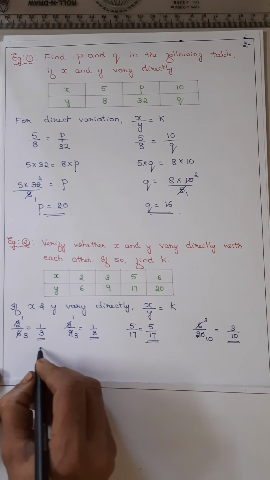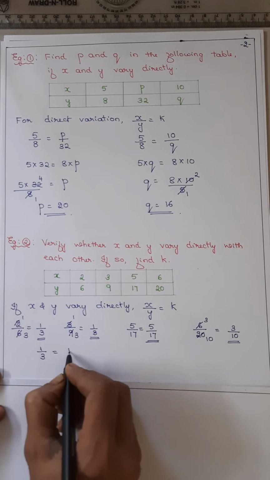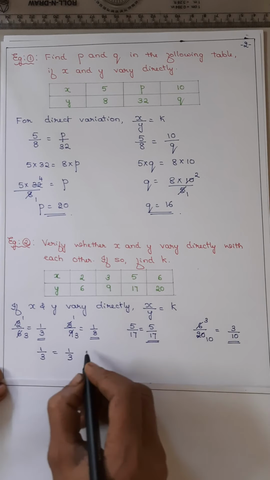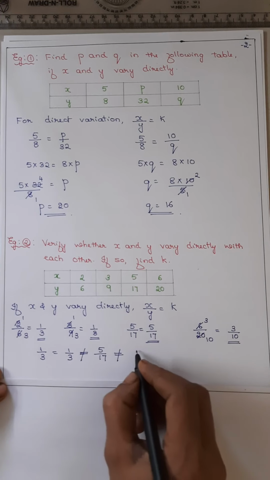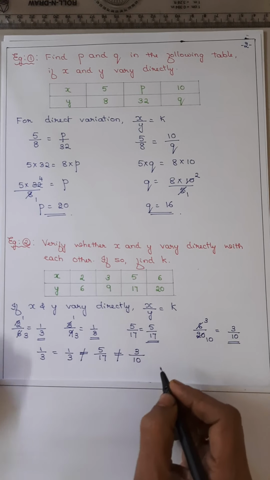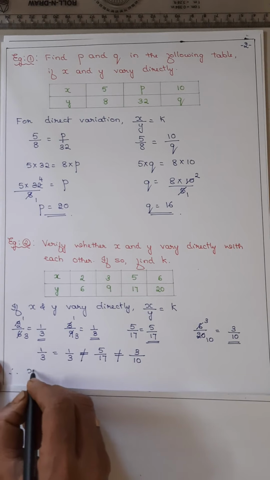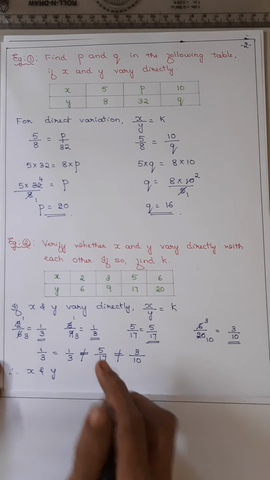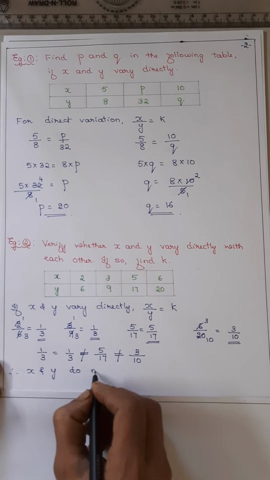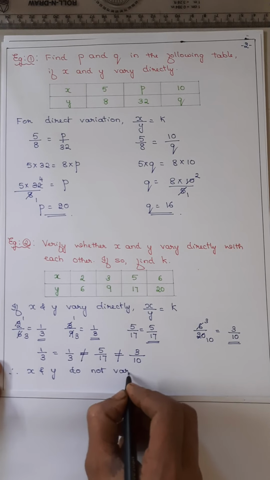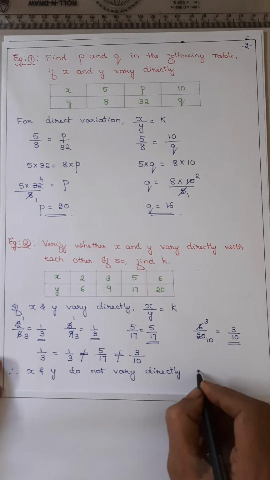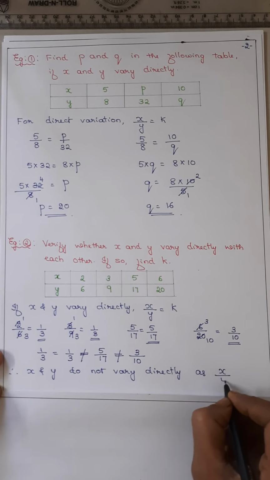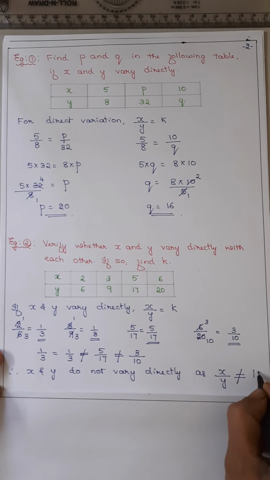So 1 by 3 is equal to 1 by 3, but here it is not equal to 5 by 17 and not equal to 3 by 10. That means x and y do not vary directly. Why? As x by y is not equal to k.